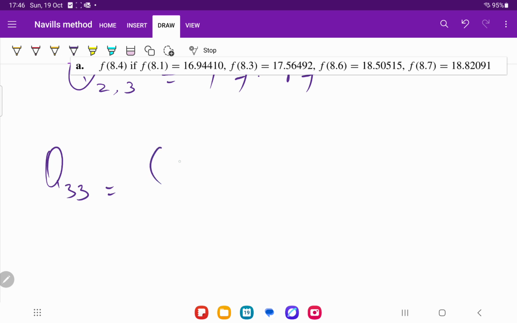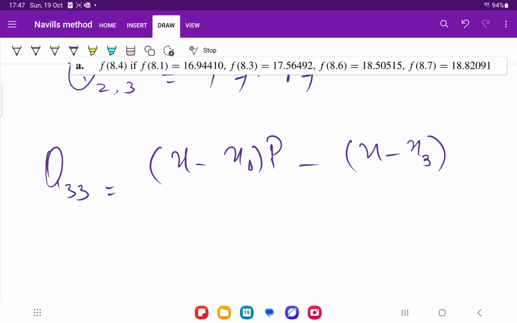Q33 by using x minus x naught multiplied by p minus x minus x3. Before, in the previous iteration, we had skipped 1 point. Now we will skip 2 points, x1 and x2.